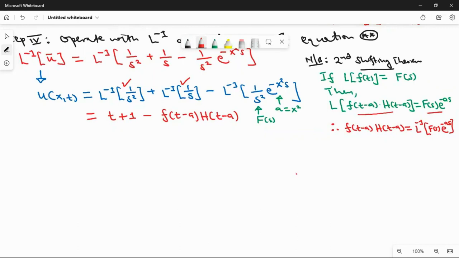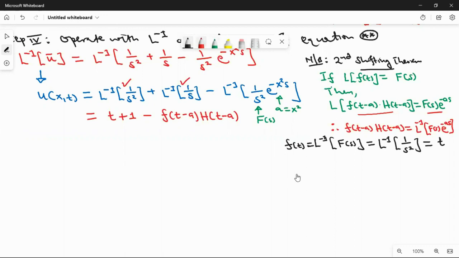Now, if I put F of s as 1 over s squared, what is the inverse of 1 over s squared? L inverse of F of s is equal to, of course, our f of t, which is the L inverse of 1 over s squared. And that should be equal to t.